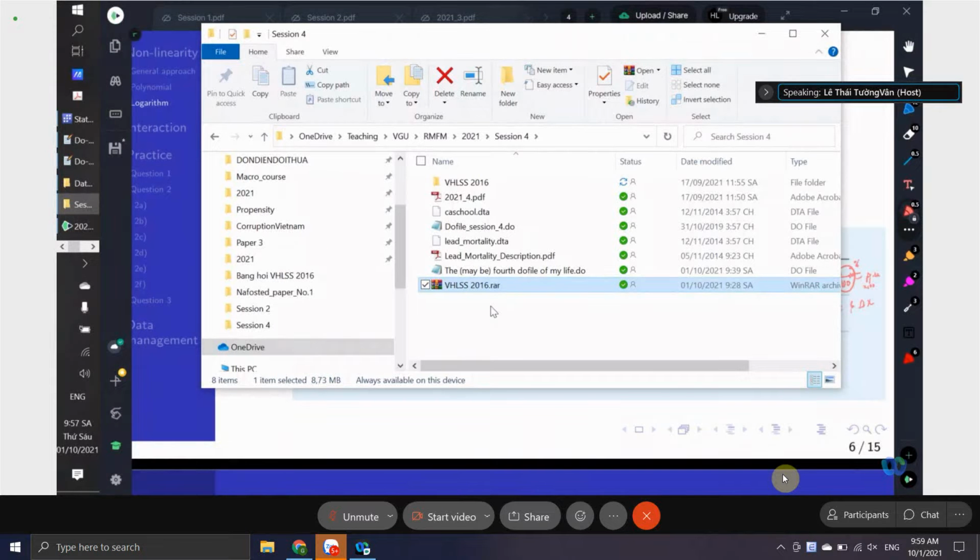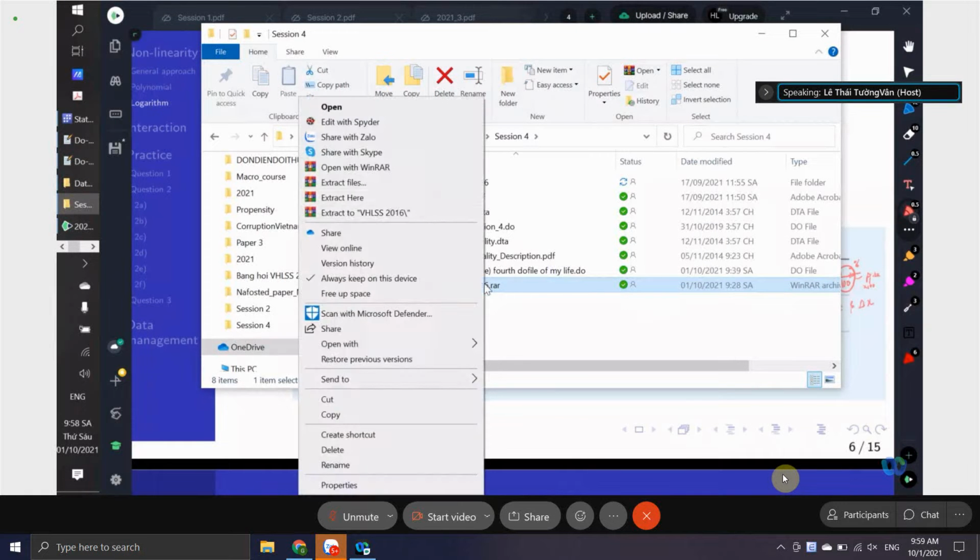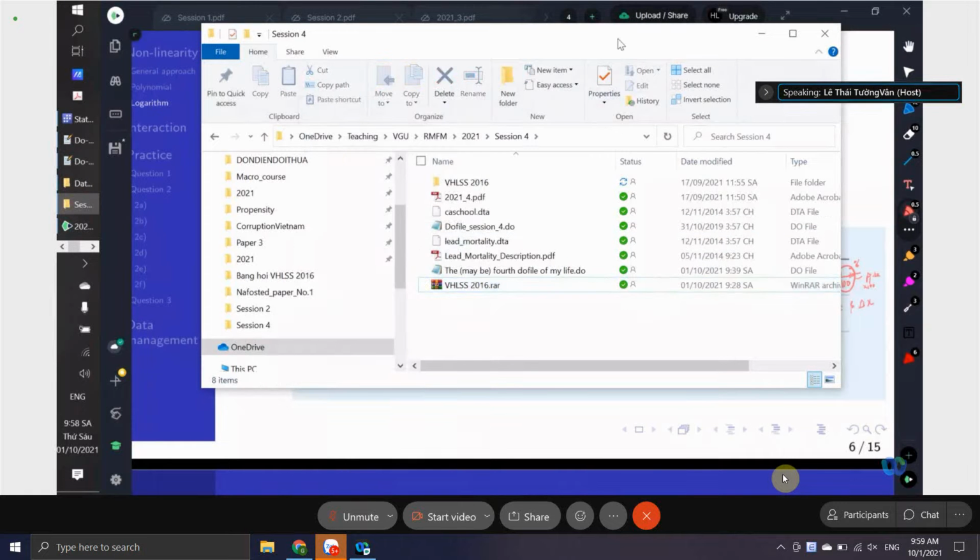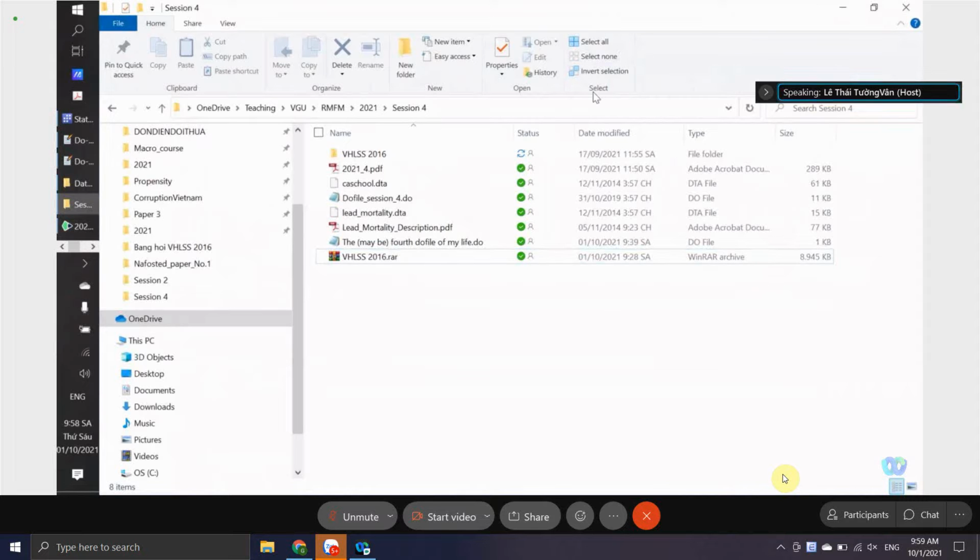It's easier to download, and then you right click and extract it to your folder. Then I will show you how to combine. After the break, we will learn how to combine different data files into a single one so that we can do the analysis. So that is the break time.